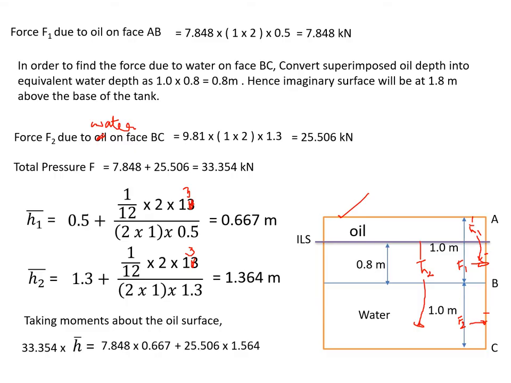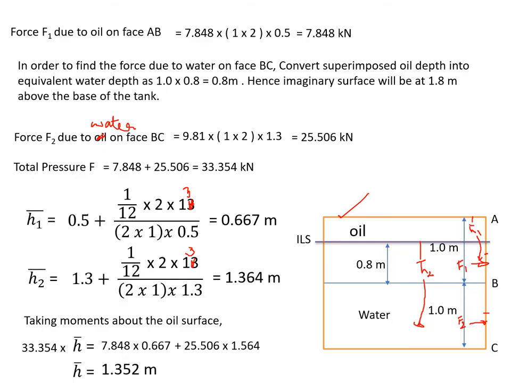H2 bar was 1.364. Another 0.2 will be here for this surface. From the imaginary surface to the top surface is 0.2. So you add 0.2 to that, so you will get 1.564. So if you solve this, you will get H bar as 1.352 meters from the top surface.